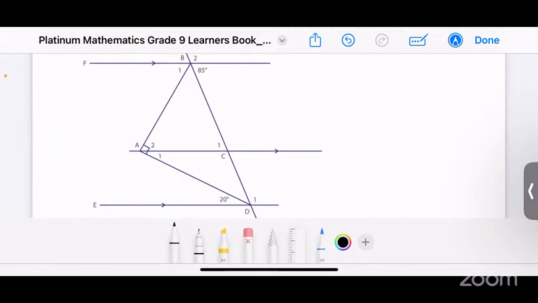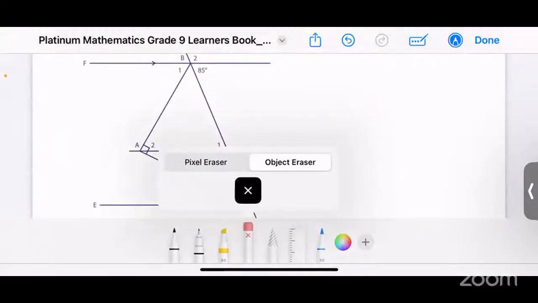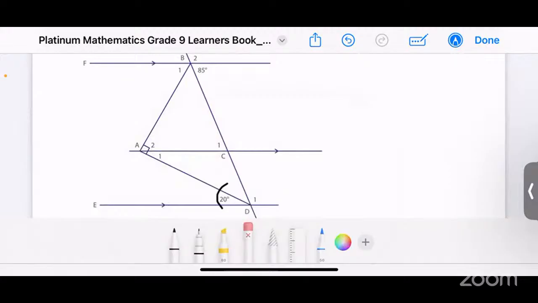The first thing, I have this 20 degree. You have to listen very, very carefully. I have this 20 degree with this A1. It forms an alternate, which means this one becomes 20 degree. It means this A1 is 20.